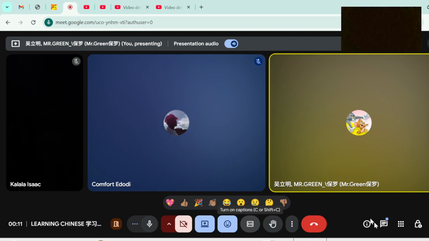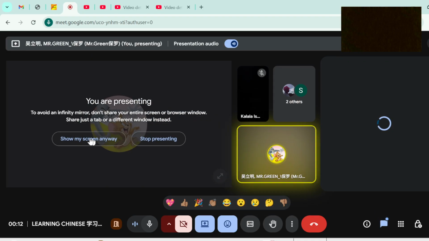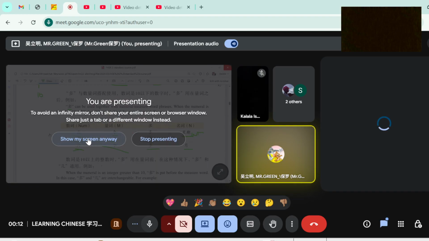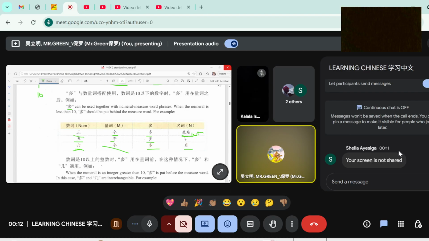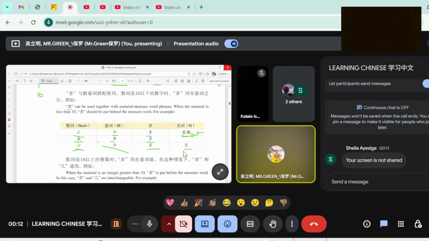Okay, seems there is a comment in the chat box. The screen is not shared. Really? Can you see my screen?